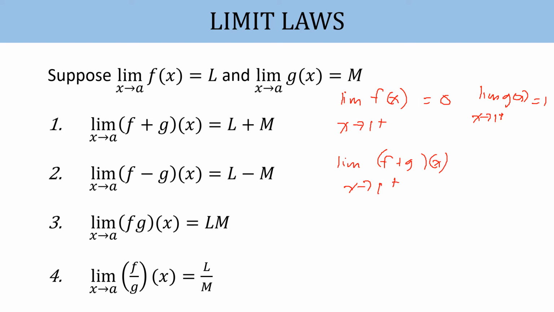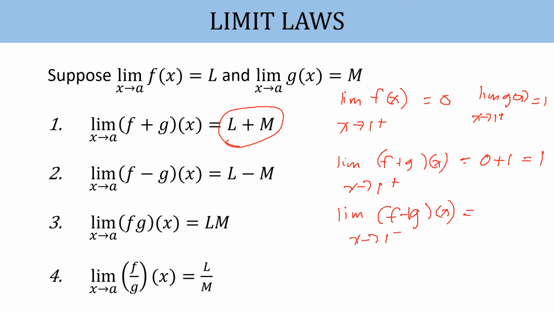Do we have to show the graph or the table of values over and over again? Not necessarily. We can just simply add the limits. 0 plus 1 is equal to 1, which is basically what we witnessed a while ago. And the limit of f minus g of x is simply the difference between the limits of these two functions. So that's 0 minus 1. That's why it's going closer to negative 1.